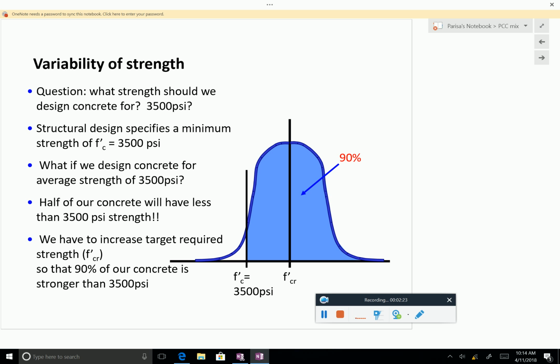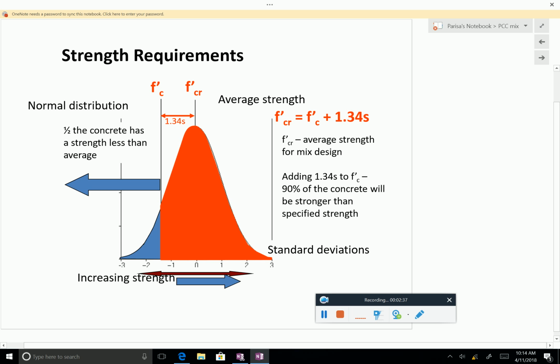So if you just take 3500 here, half of the concrete that you are designing will have lower strength, and this is not desired. So if you know the standard deviation, you say, no, I design not for F prime C, but I add 1.34 standard deviation.